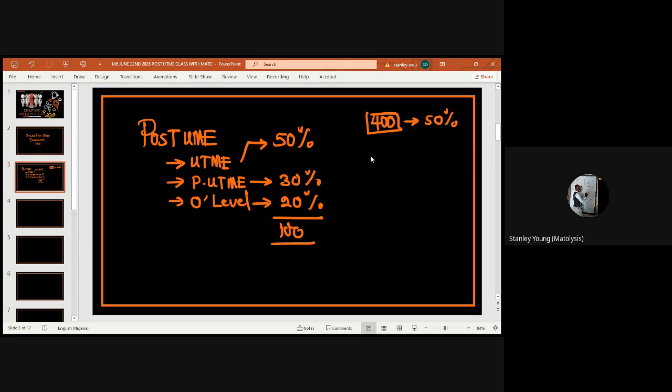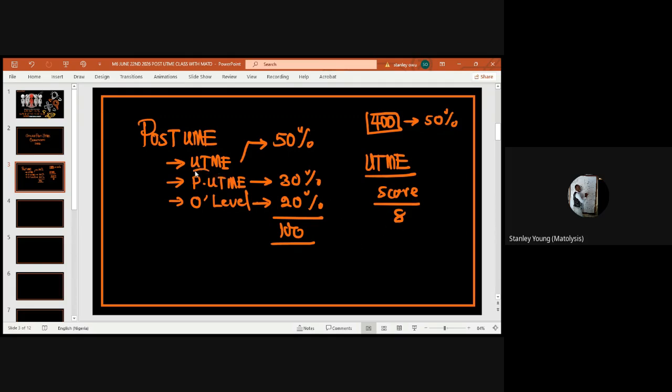So every UTME score must be divided by 8 in order to get its equivalent within the aggregate. Don't worry, I'm going to use a case study for you to understand better.